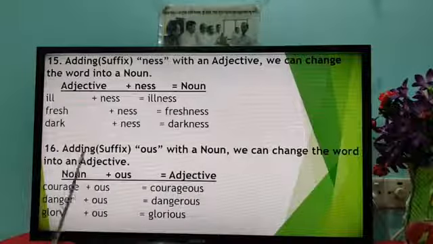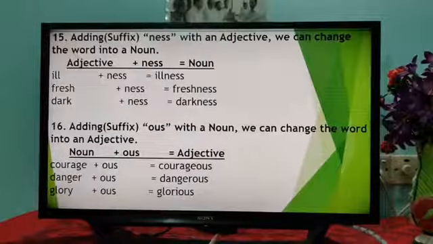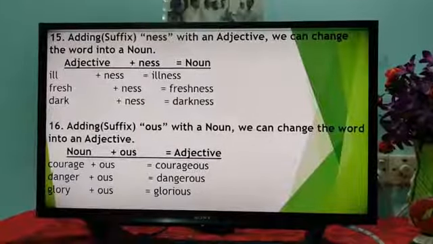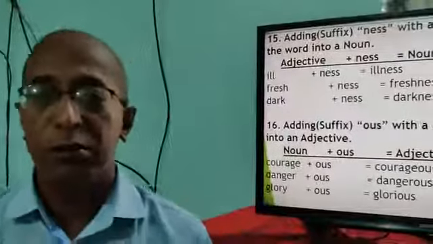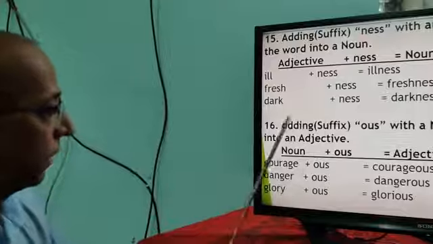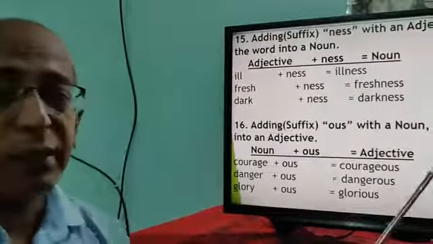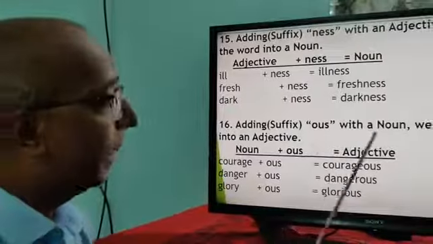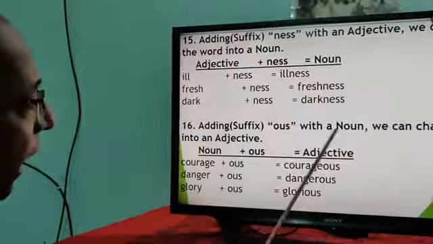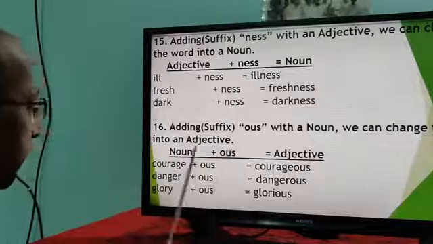Okay? Adding suffix ous with a noun. If we add ous with a noun, we can change the word into an adjective. Suppose continue, continuous. But if we add ous with a verb, we can also make it a noun. But if we add ous with a noun, we can make it an adjective.